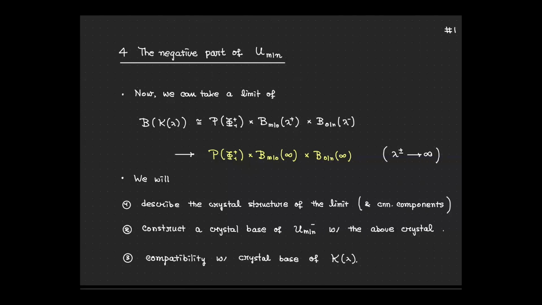It has finitely many connected components, but the good thing is that each connected component is actually isomorphic. So we will give a more detailed description of those connected components. Then we consider the algebraic construction of the crystal base of the negative part, whose associated crystal is this limit crystal.